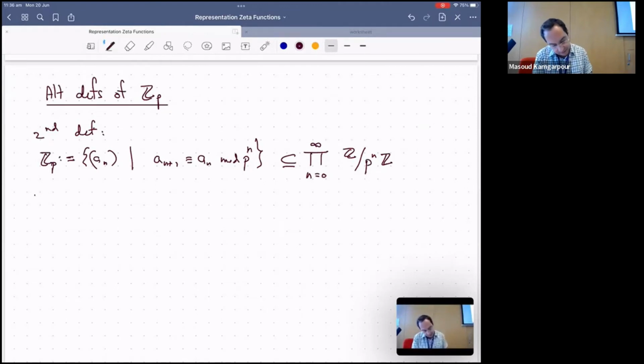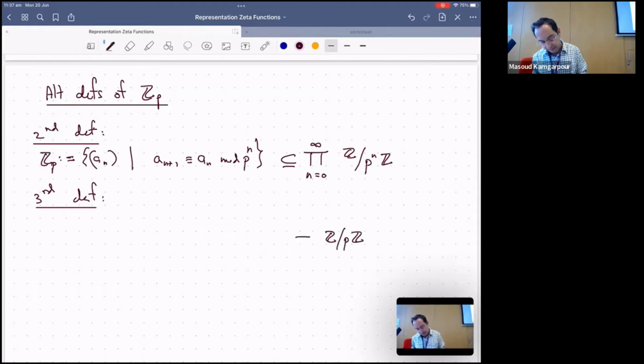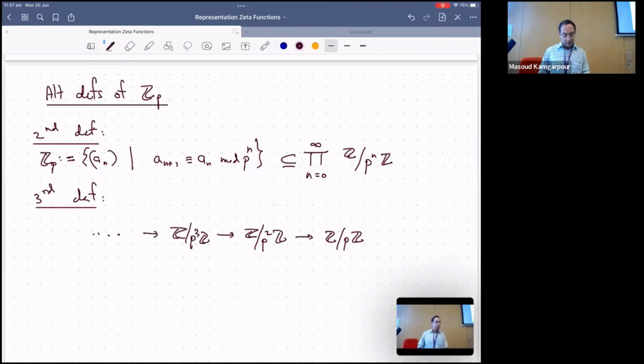And the third definition is you look at the canonical maps from Z modulo p^3 Z to Z modulo p^2 Z, then to Z modulo p Z, etc. And you look at this diagram, and you take the inverse limit in the category of that sequence.